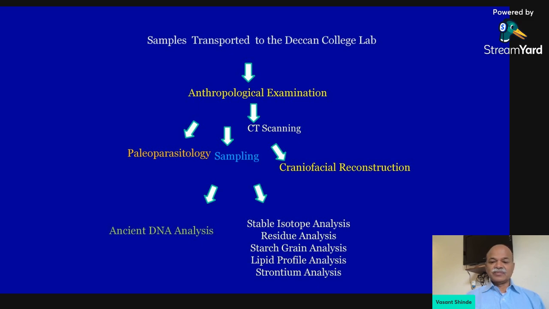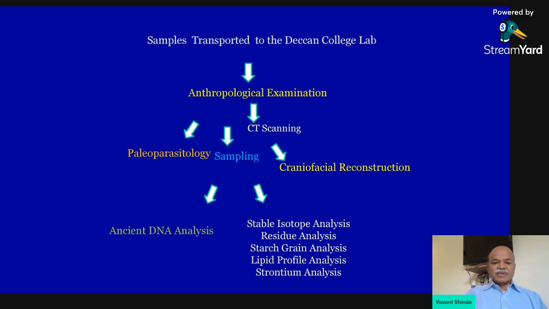Apart from that, our approach was different also. We wanted to apply many other scientific methods to understand various aspects of the Harappan civilization. So we brought the samples to our Deccan College laboratory. We did the anthropological examination with the help of experts. We studied the skeletal remains from an anthropological point of view, and we published that data immediately.